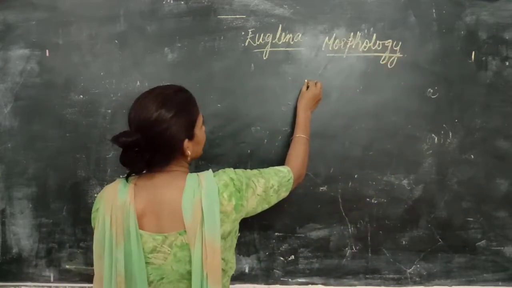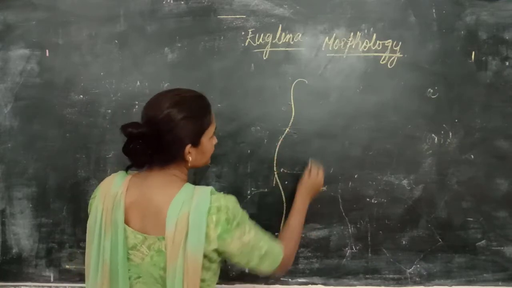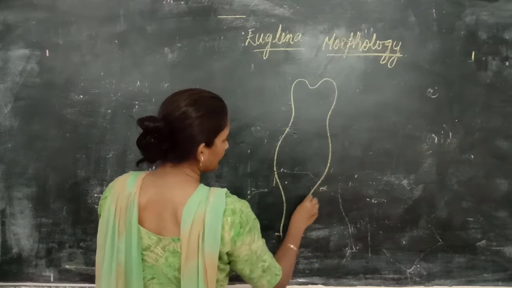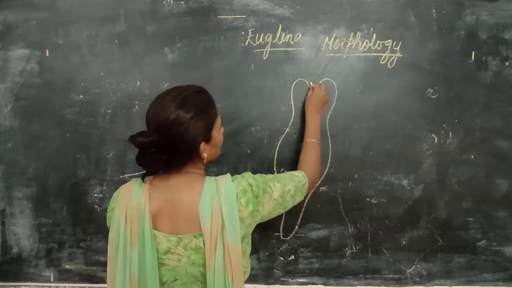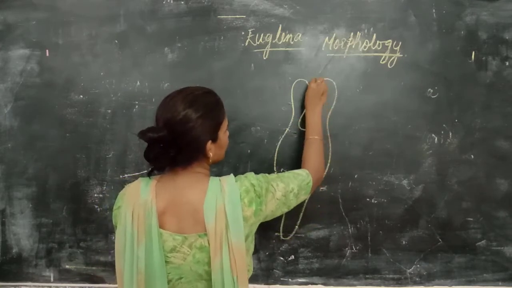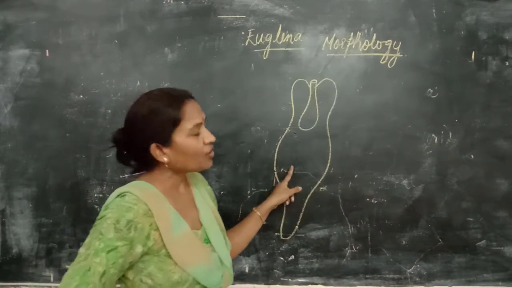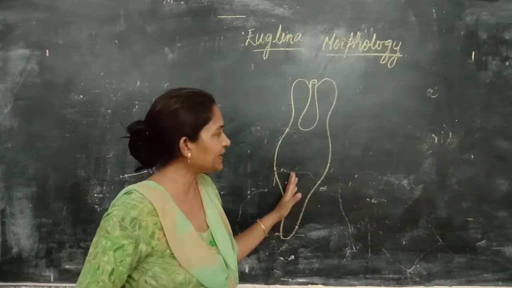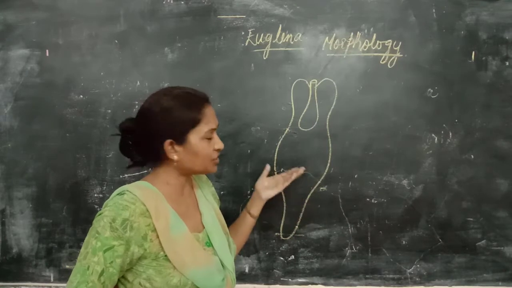So we see the diagram of the Euglena. Although this is not the complete and proper diagram, so we will discuss from the initial point.